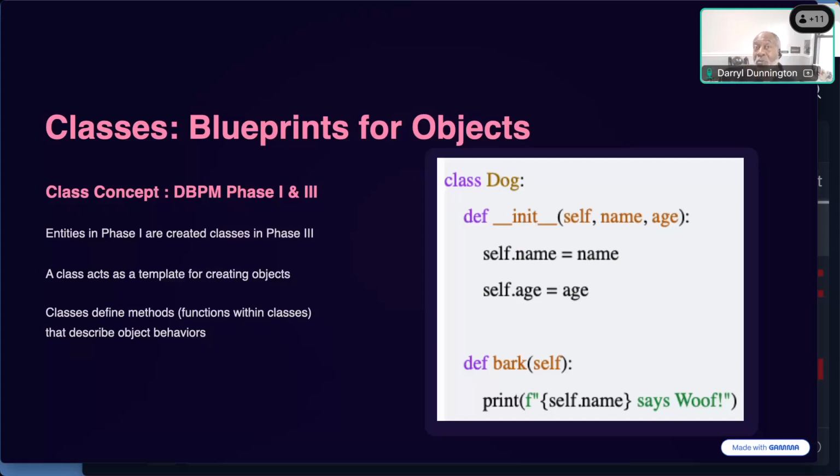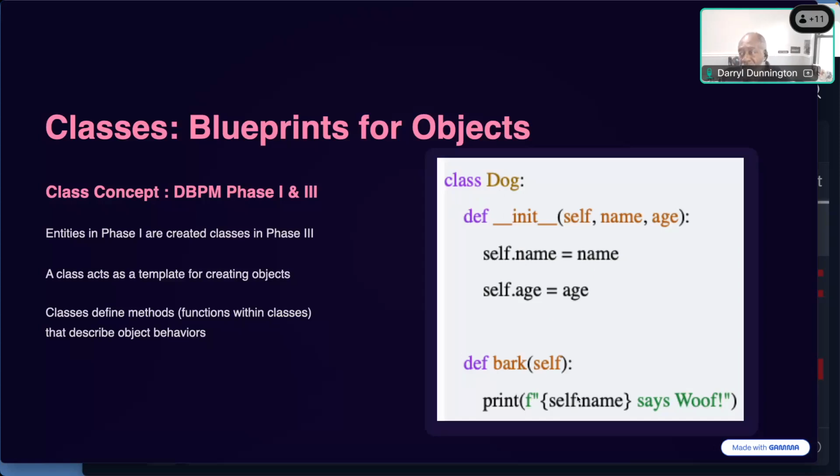And by the way, I'm going to give it a behavior to allow it to bark. So now when I say German Shepherd dot bark, it will come to this class, find this behavior or method, and would say roof roof.